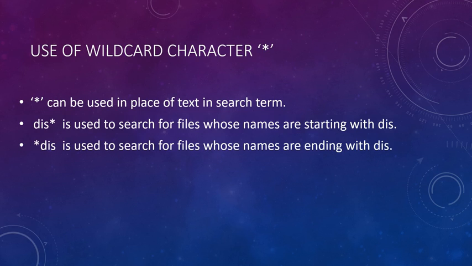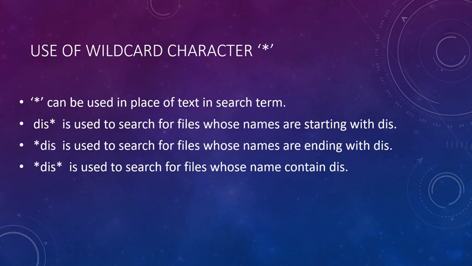Star dis, or asterisk dis, is used to search for files whose names end with dis. So if you just remember that the last letters were dis, then you can put star dis to search for these types of files.